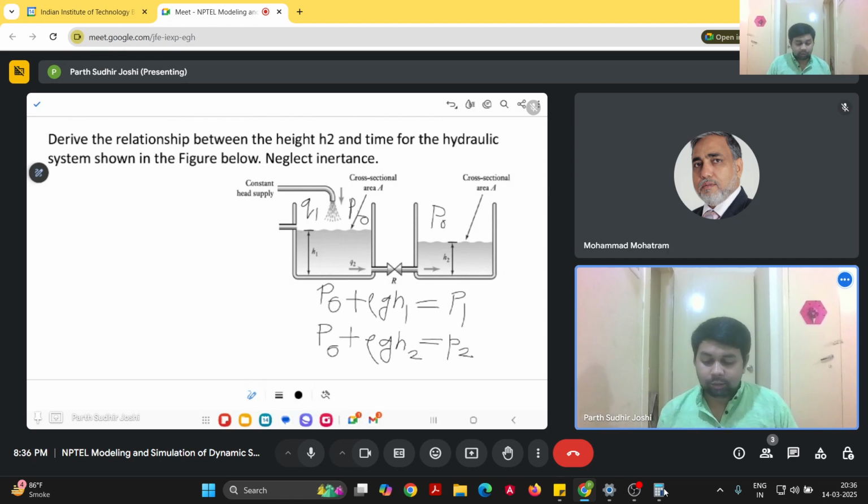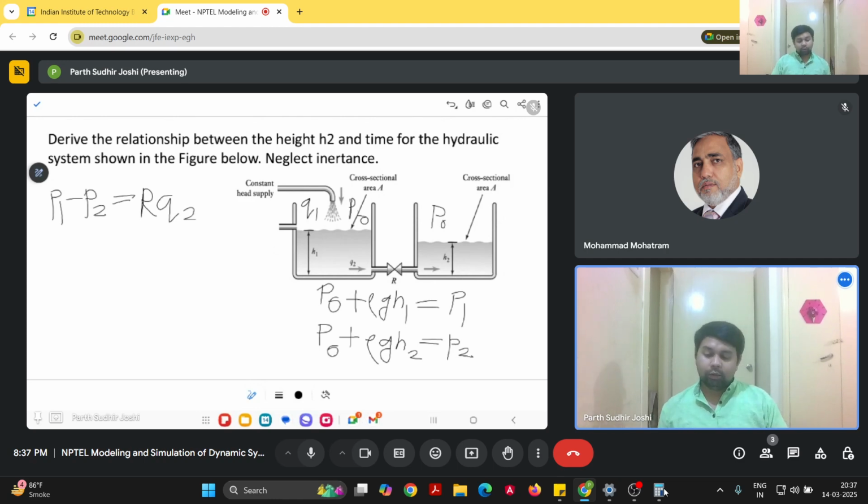By the definition of hydraulic resistance, the pressure difference is equal to the hydraulic resistance times the flow rate across it.